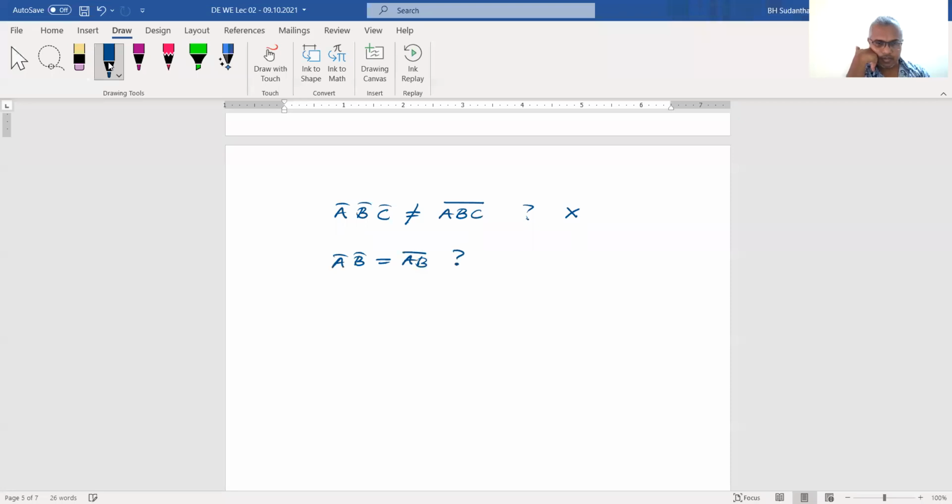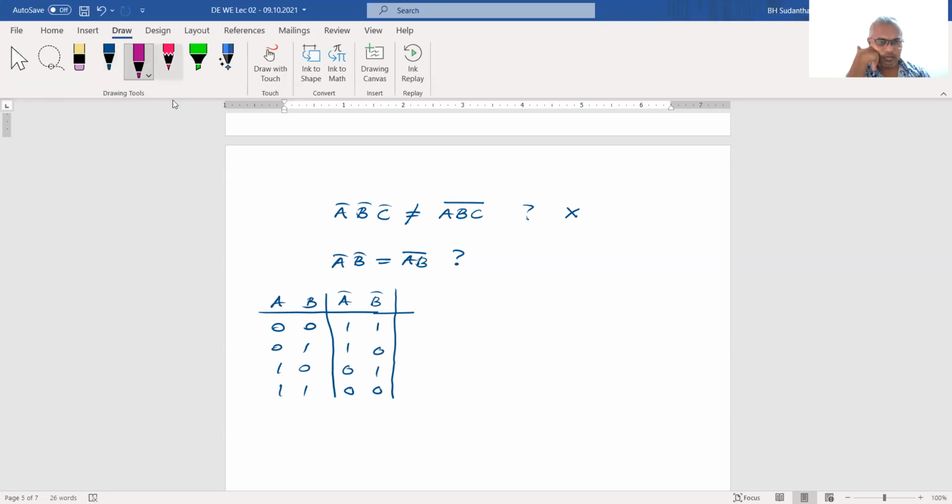If you want to check whether this is correct or not, you can prepare a truth table like this: 0 0, 0 1, 1 0, 1 1. Then this is A bar and B bar. This is 1, 1, 0, 0. This is 1, 0, 1, 0.